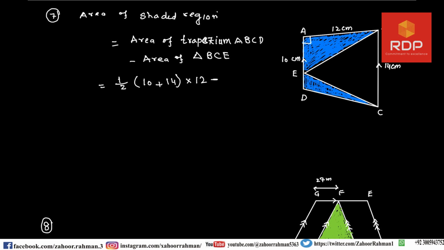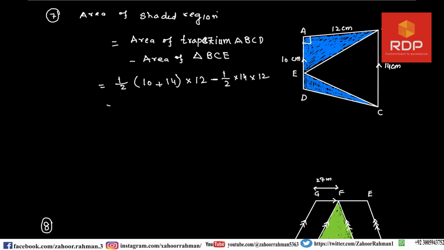Now minus is coming from the equation, and then 1/2 into 14 into 12 is the area of the triangle. Base into height. Base is 14, and you can see the height of that triangle is 12.